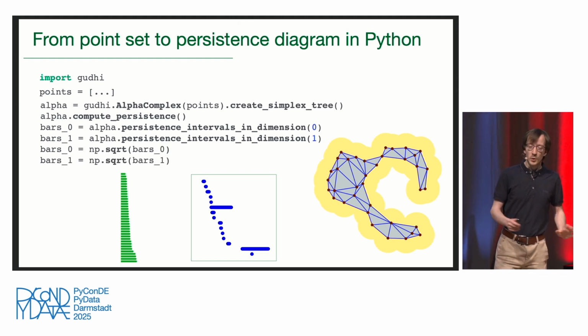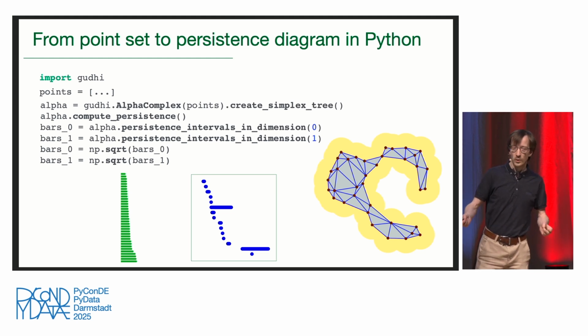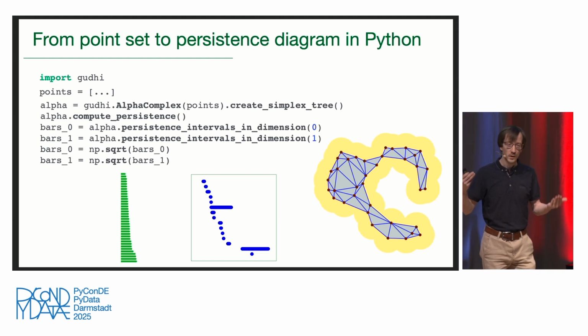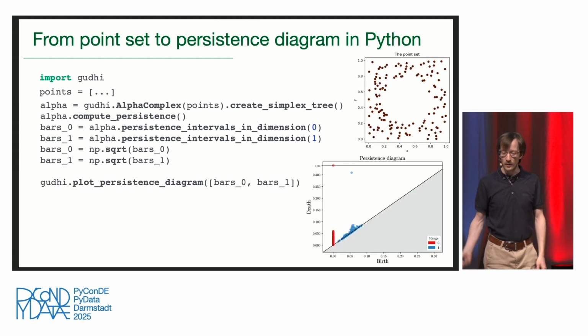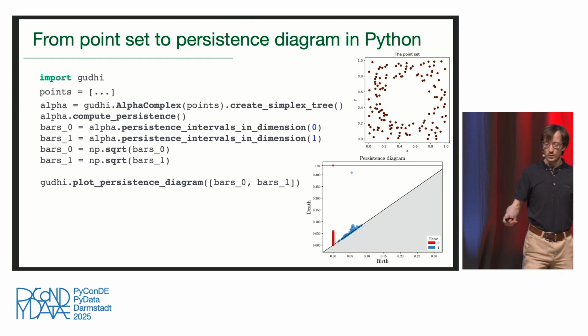One thing that Gudhi in particular does is that it uses squared Euclidean distance rather than Euclidean distance. So here, it's a bit technical. I just take the square root so that the diagram I get in the end is more intuitive with how I read it. Okay, and then we can plot the persistence diagram. You see that this library allows you to just plot it.